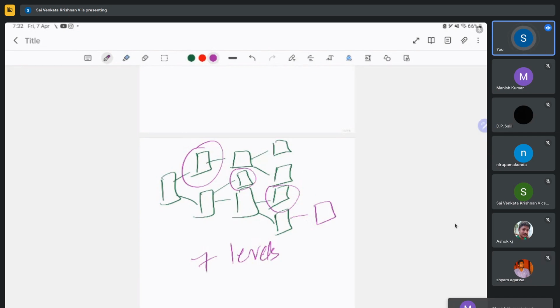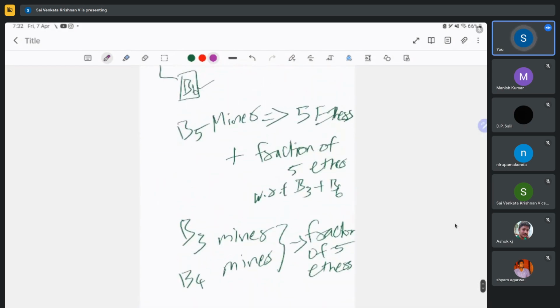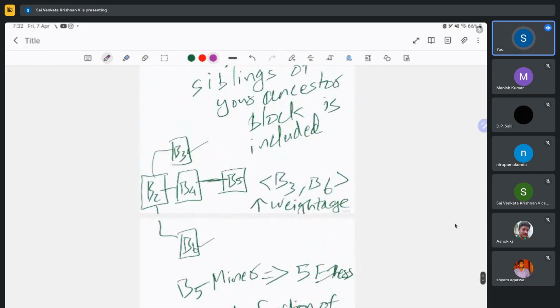Now one thing is the transactions which are included in blocks B3 and B6 are not validated, right? So you can just mine a new block like B3 and B6, and say the B3 block miner and B6 block miner could have included their blocks on top of B4, but instead of doing that, they just added it on top of B2 itself.